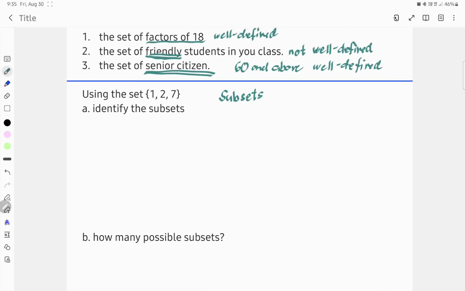Now, let's answer a problem. Let's look at this one using the set 1, 2, 7. The first question is to identify the subsets. We know that the cardinality of the set is 3.